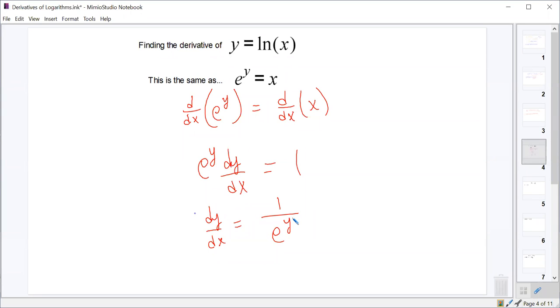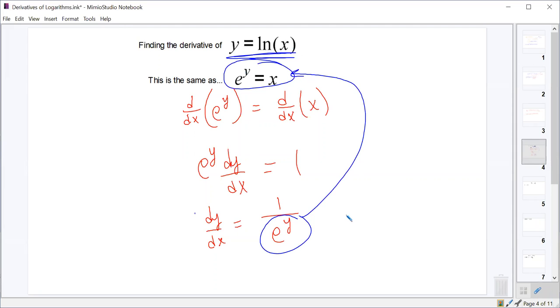So what we don't want, though, is when we started with the natural log of x, a function that was y all in terms of x, we don't want to end up with something in terms of y. So what we can do is just go right back up and say, well, e to the y is equal to x.